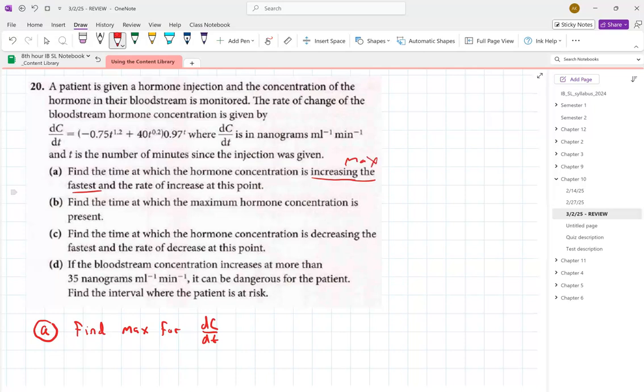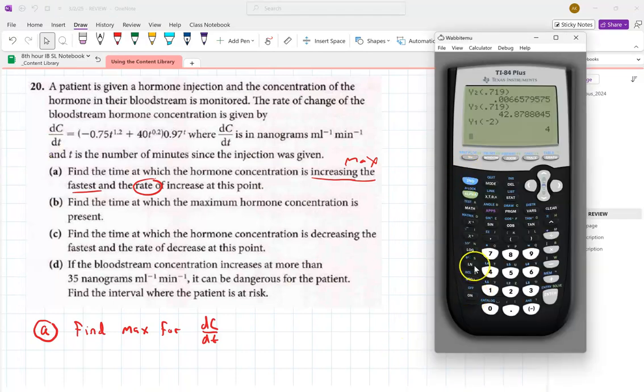That's the max for the rate, right? So all I'm going to do is take the derivative of dc/dt, set it equal to 0, and look for the maximum, right? In fact, I probably don't even need to do much on my calculator here. So on my calculator, I'm going to type in dc/dt into y1.